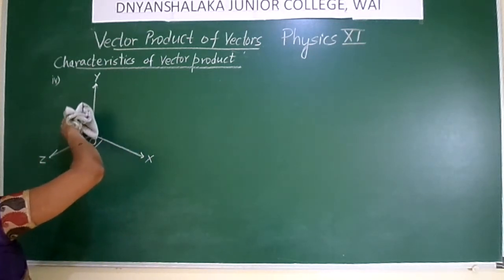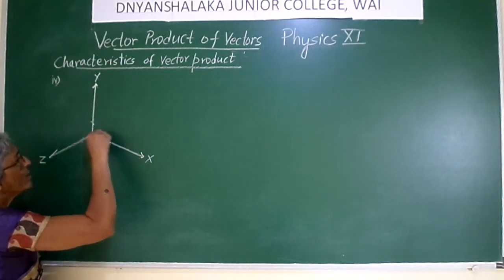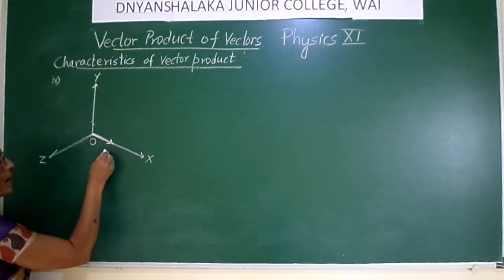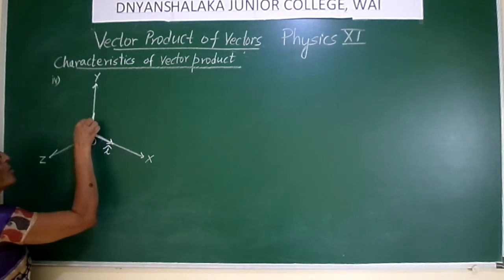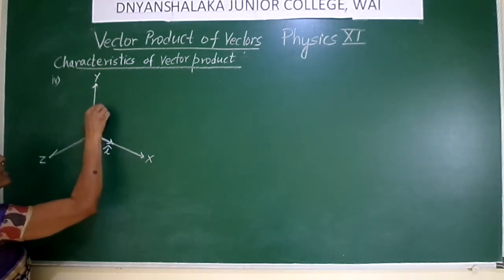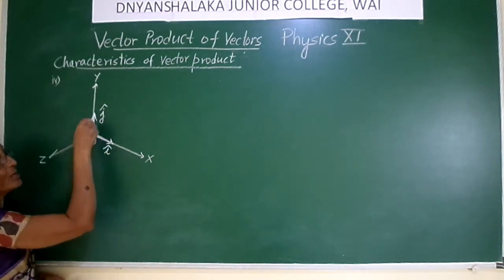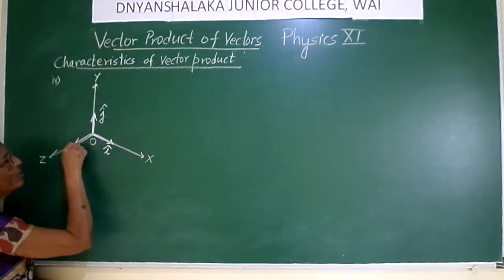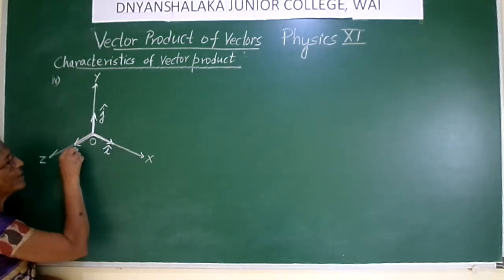Now the unit vector along the x-axis is n cap vector i, the unit vector along the y-axis is n cap vector j, and the unit vector along the z-axis is n cap vector k.